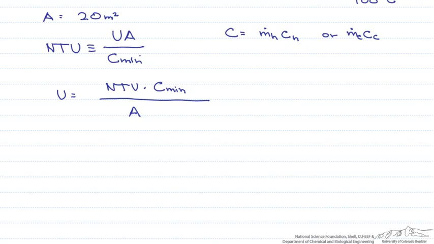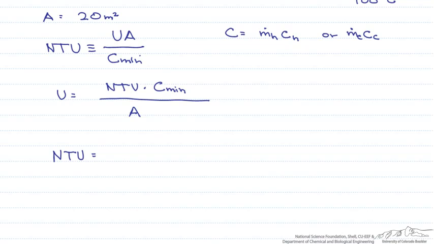Next, we have to find our NTU. This NTU can be found as a function of effectiveness in tables for appropriate flow relations.